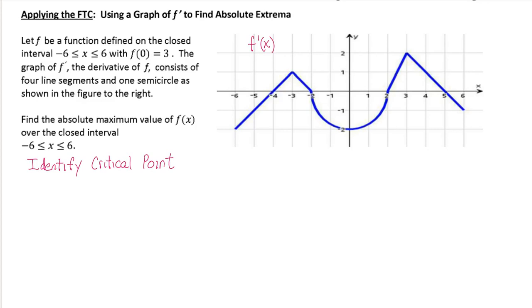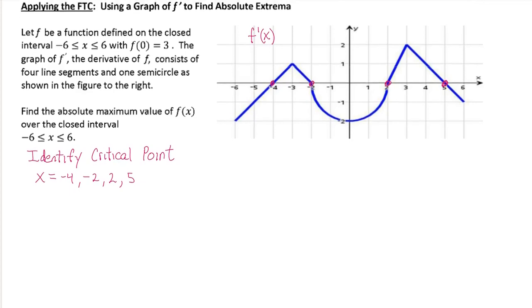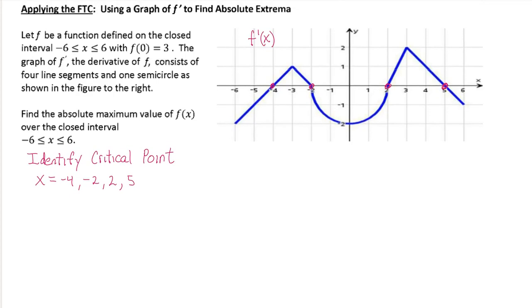This derivative does have some zeros at -4, -2, +2, and 5. So my critical points would include x equals -4, -2, 2, and 5.